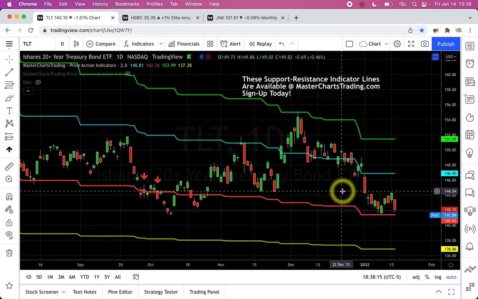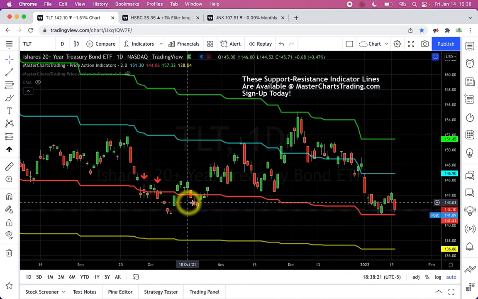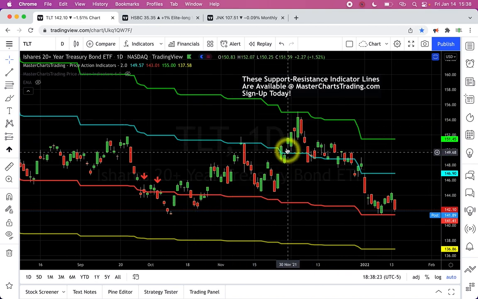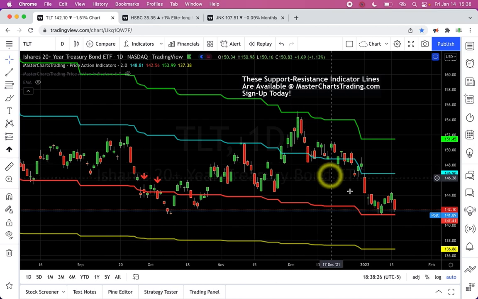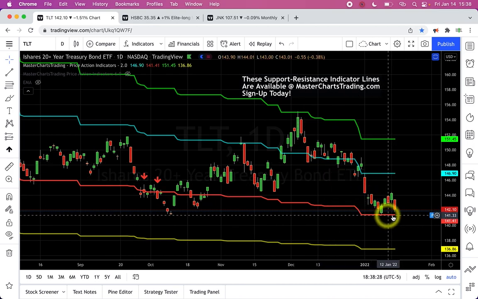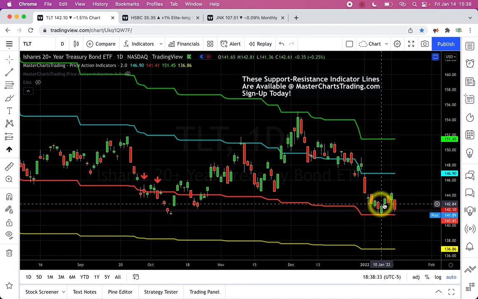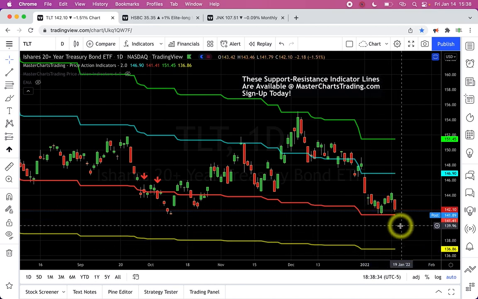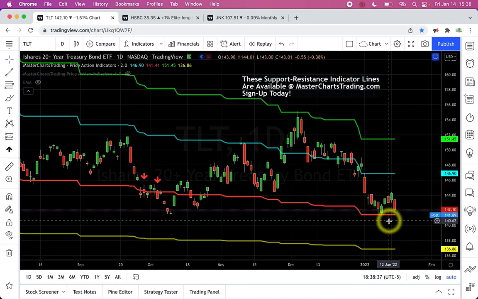Moving on to treasuries. Treasuries did not behave that well. Here's treasury bonds, TLT. The latest signal was to the upside, but we're so close to bearish levels right there where I'm hovering. So TLT could easily break down and just collapse, and this is the only one that's still holding.